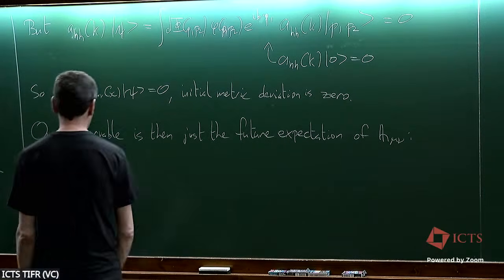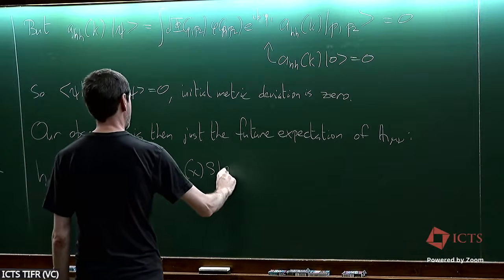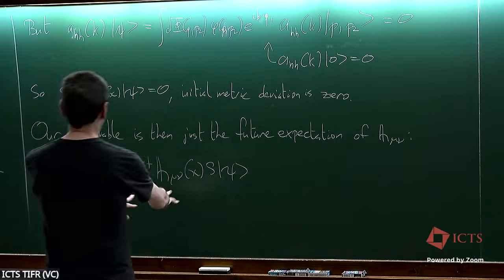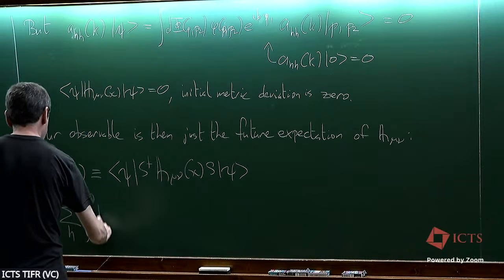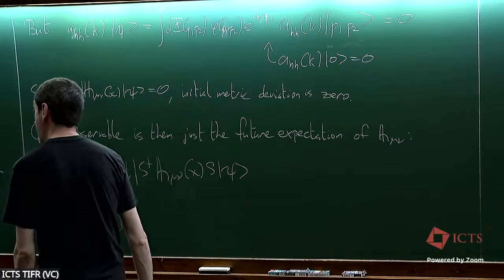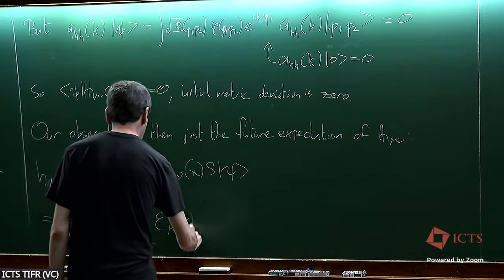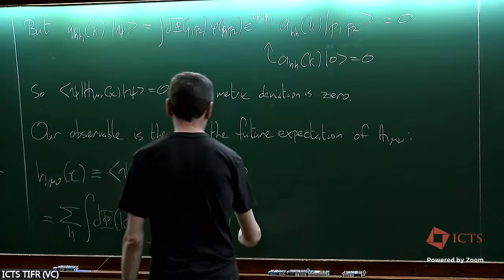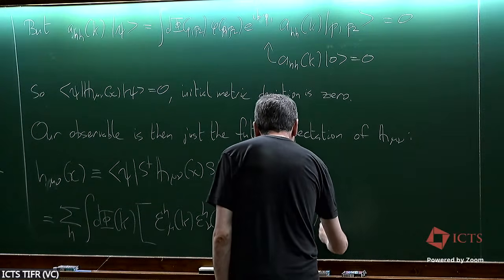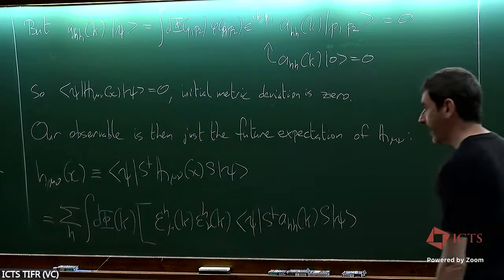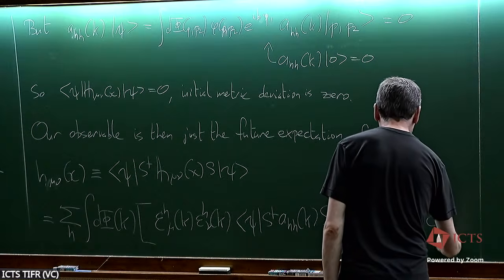So this will be ⟨ψ|S† h_μν S|ψ⟩. And expanding the h_μν again as here, there will be a sum on helicity and an integral over the graviton momenta, graviton phase space, polarization vectors. And then the expectation value of this annihilation operator, but sandwiched with S matrices. So it doesn't get to act on ψ and make it vanish as it did for this term. Plus complex conjugate.